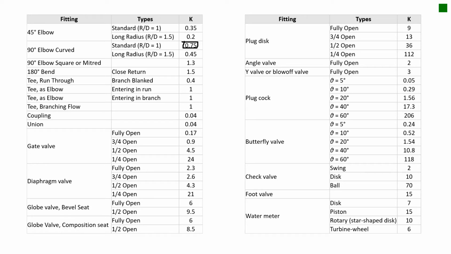If we would happen to have other items in our pipeline, say a gate valve fully open, that would have a value of 0.17. Or if we have check valves and other types of valves, we would include those K values also. But in our case, we have two 90-degree elbows, and if we use a standard radius, those values would be 0.75.